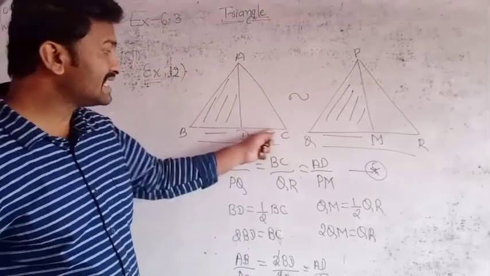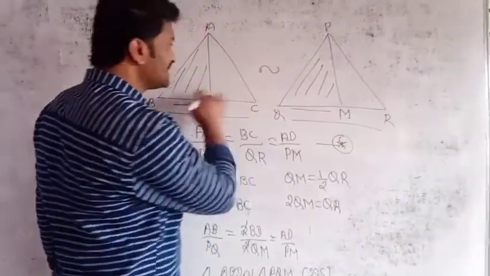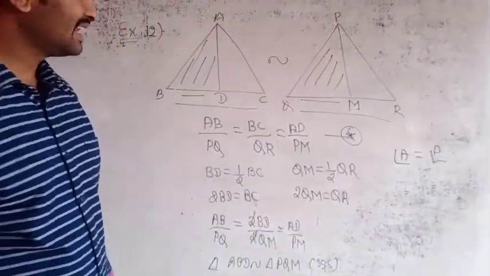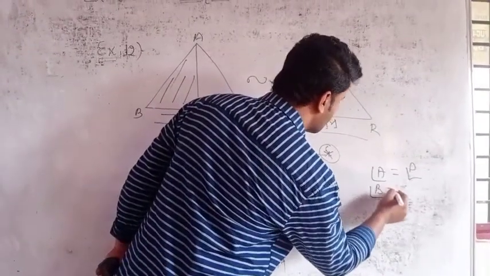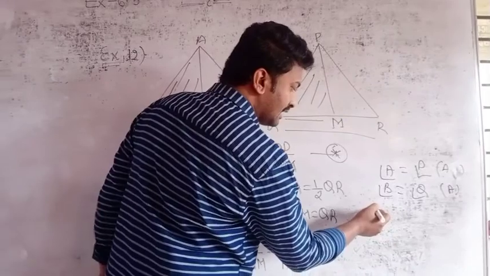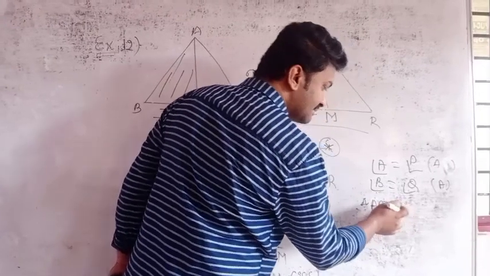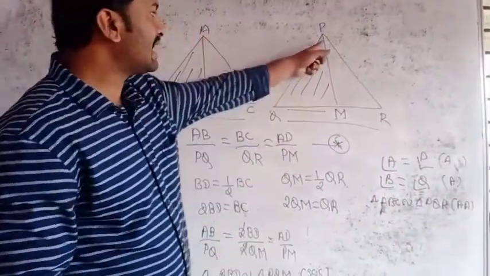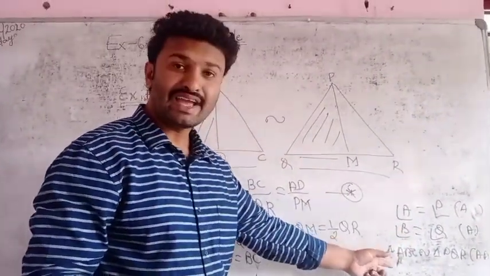We have to prove ABC is similar to PQR. He has given in the statement, in triangle ABC, angle A equals to angle P, and angle B equals to angle Q. This is also an angle and this is also an angle. So triangle ABC is similar to triangle PQR by AA criteria.